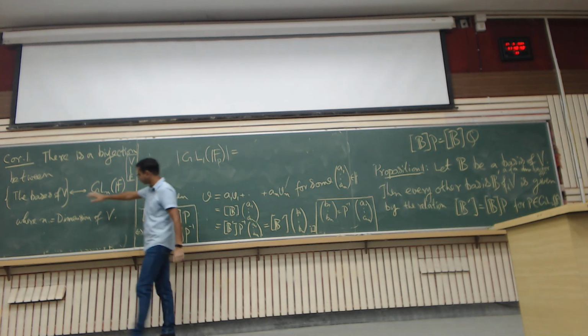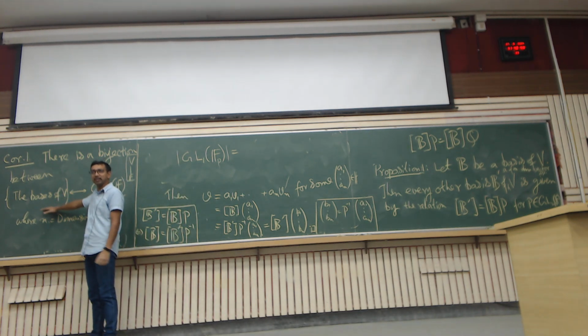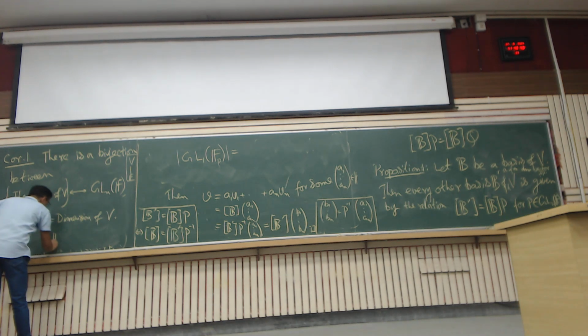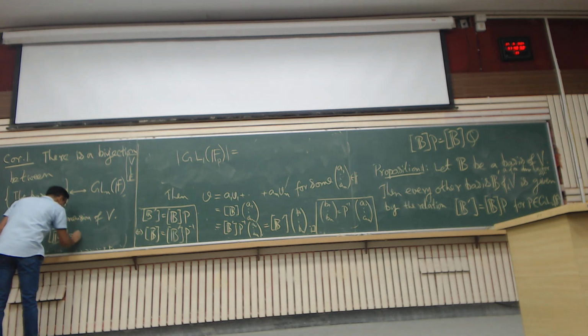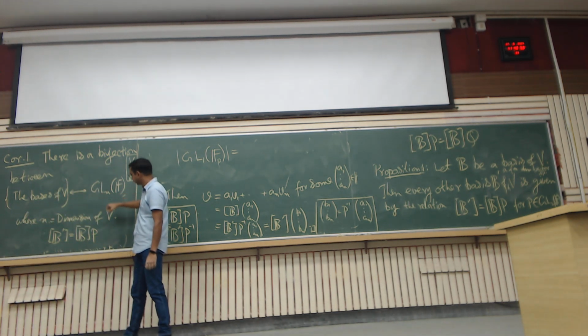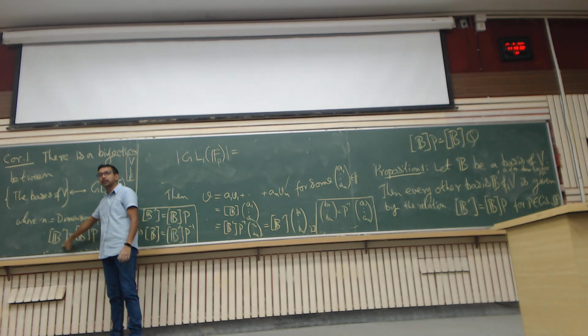It's a function. You are starting with a certain basis B, and then you are mapping it and taking B prime. So every element here in GL_n(F), that is P, is being mapped to this basis B prime.